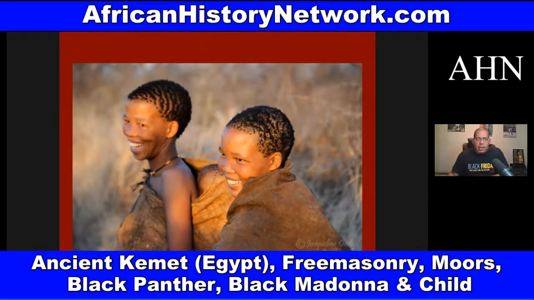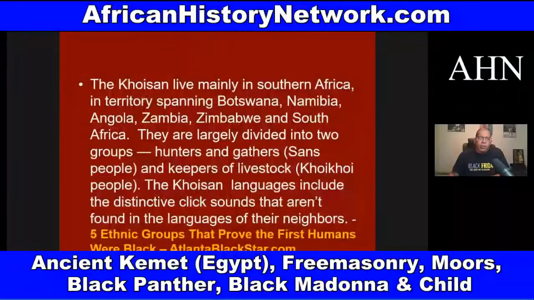Here are some Khoisan women. The Khoisan live mainly in Southern Africa in territory spanning Botswana, Namibia, Angola, Zambia, Zimbabwe, and South Africa. They are largely divided into two groups: the San people, hunters and gatherers, and the Khoi people, keepers of livestock.